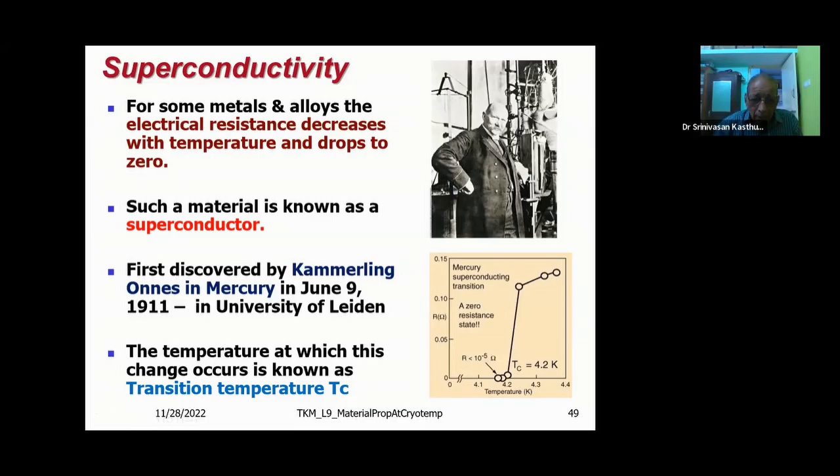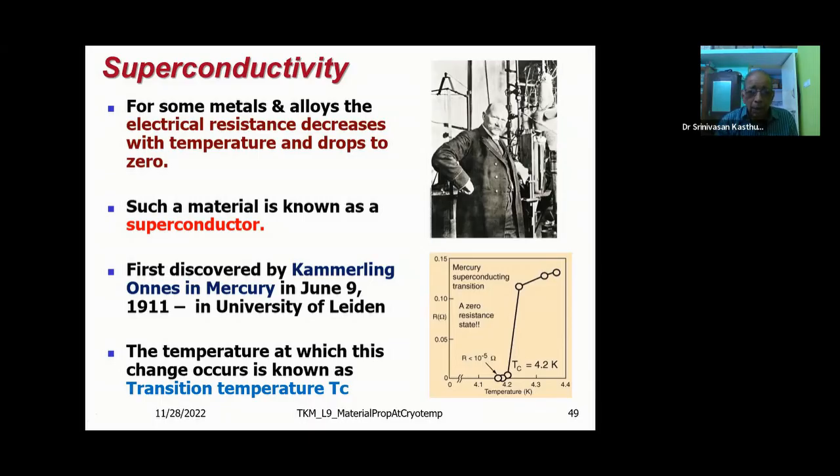In 1911, Kamerlingh Onnes, when he was studying mercury, found that there is a sudden transition. The resistance went below 10 raised to minus 5 ohms in his mercury sample. So there was superconductivity observed by Kamerlingh Onnes, and this temperature at which the resistance drops to zero is what is called the transition temperature.